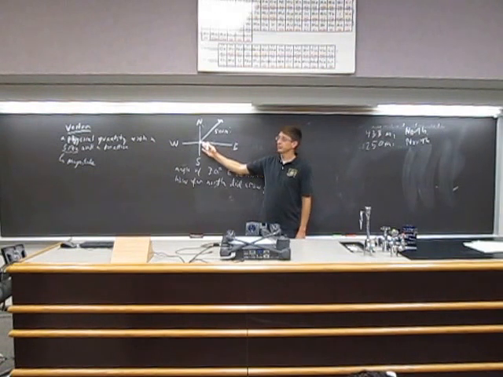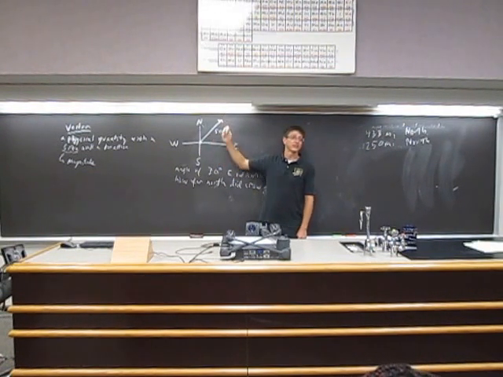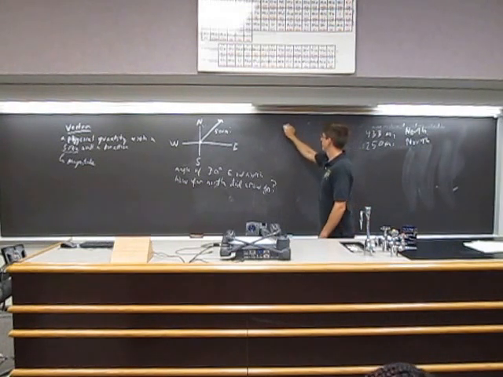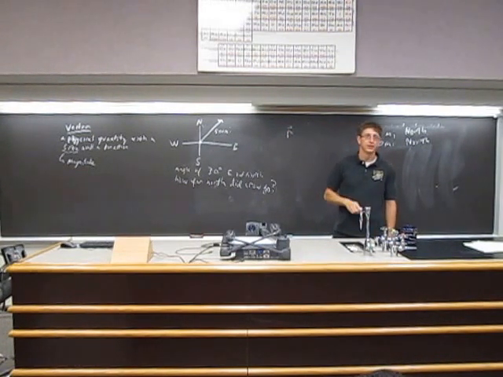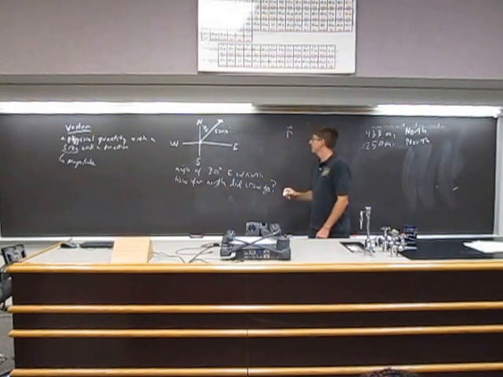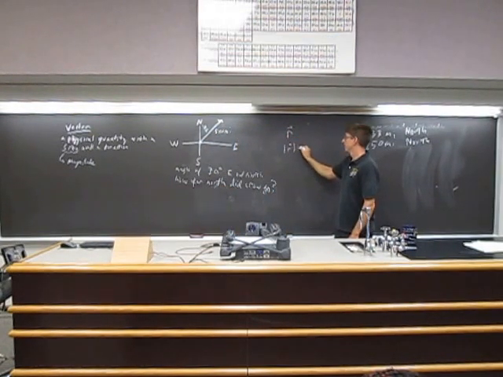First of all, this is a magnitude and a direction, that distance that Crow traveled. I'm going to call this vector R. Just kind of label it that way. And the magnitude of R is 500 miles.